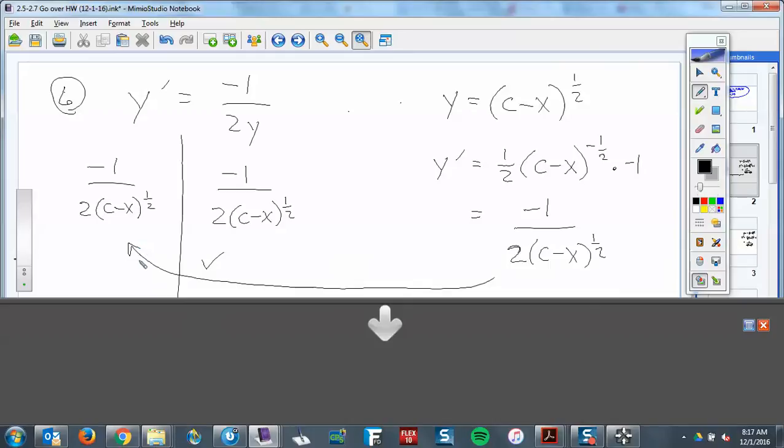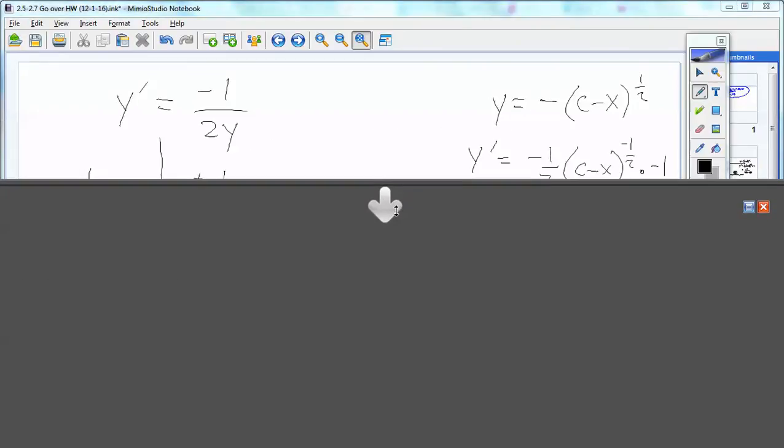And then this one, now I'm going to take my y and put it right there. So I have -1/2 times that. Oh, look, they're the same. So check, yes, it is a solution. Or verify, it just said show that it is, so I just did. Okay? And so these next ones are all very much the same.